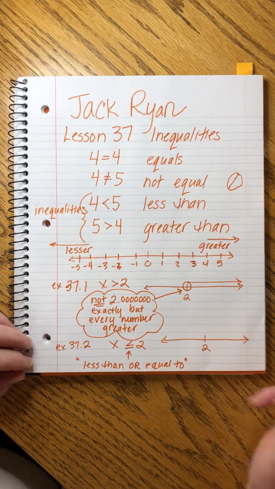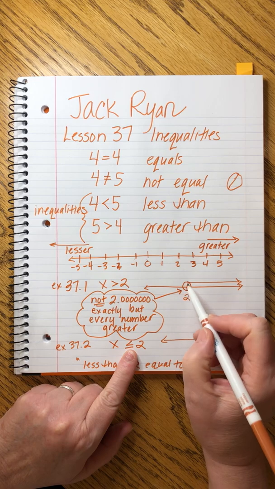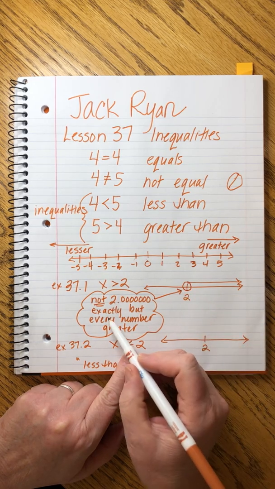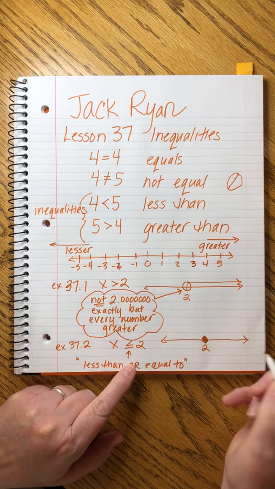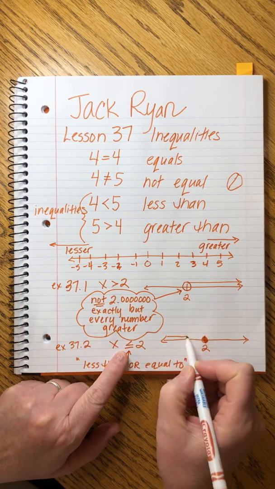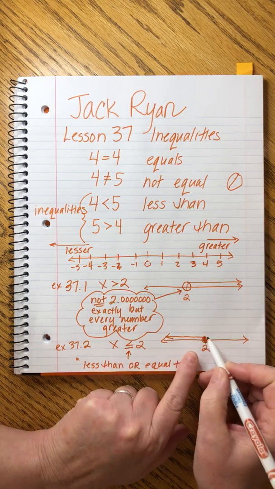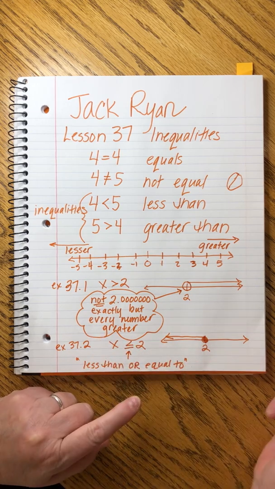again, all I need to draw is the 2. Now, instead of circling the 2, which said don't include 2, this time we make a solid dot. And this time we're going less than, so the arrow needs to point this way, down toward the lesser side of the number line.